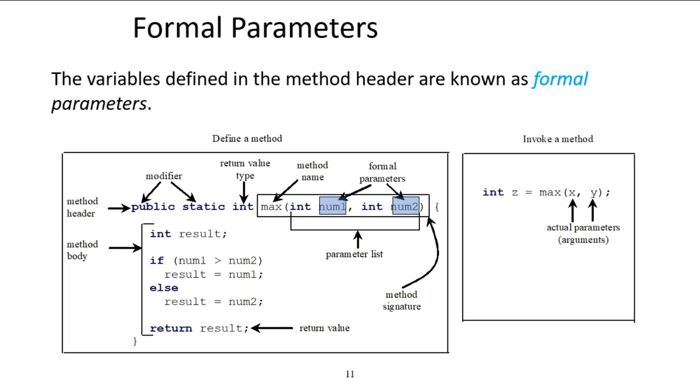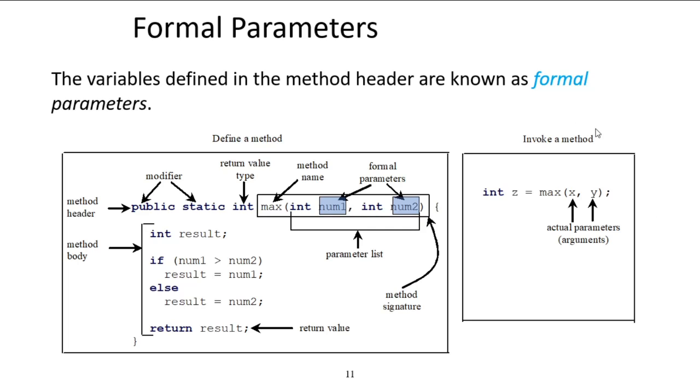Formal parameters can be named using Java naming conventions. So those are usual variable names, but those names do not have to match the names that are given to the variables in the calling program.